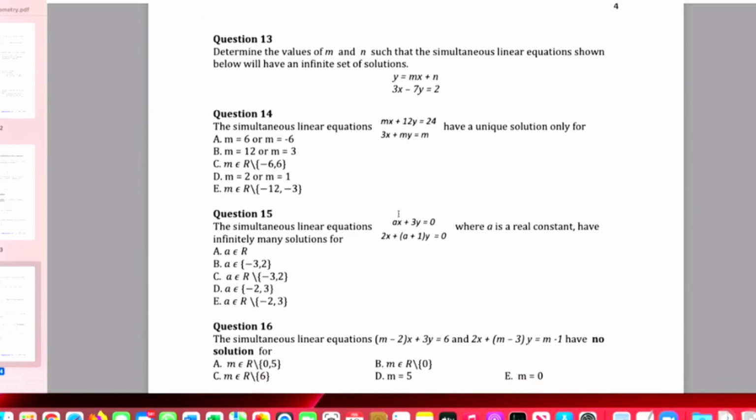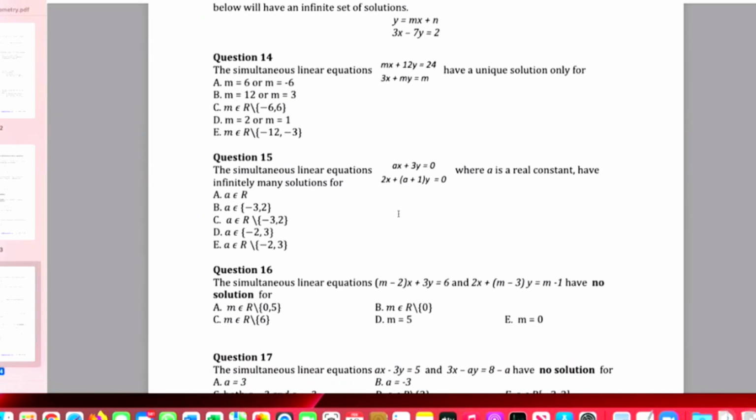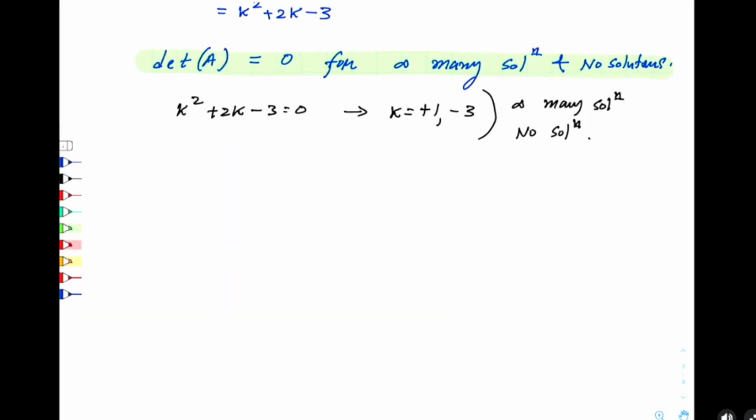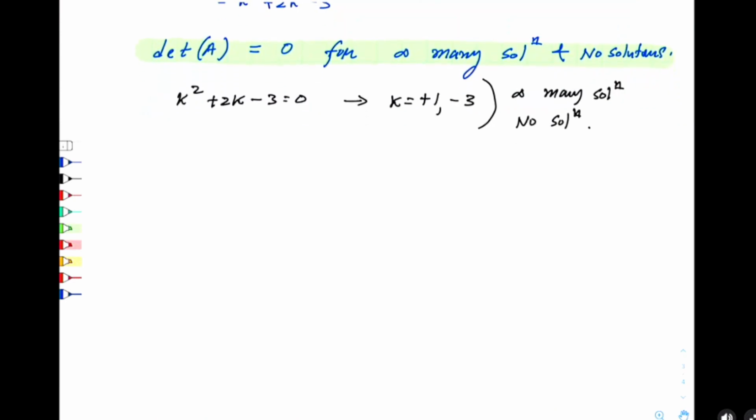Okay, go to question number 14. Try to do this question using matrices. Okay, so now here, you have question number 14, right?